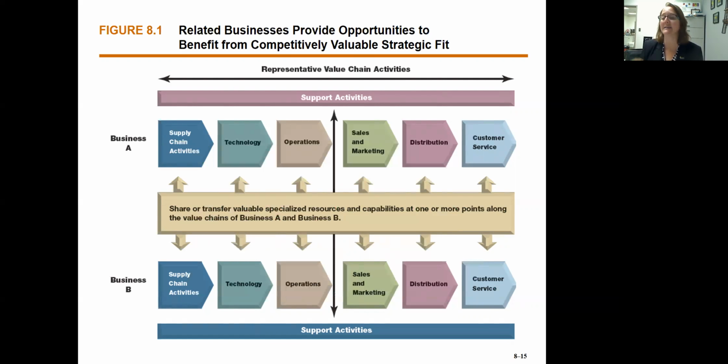Firm A has the sales and marketing, and maybe they have the brand recognition. So one company has a better value chain activity than the other. And if they combine forces, they can be a powerhouse against other competitors.